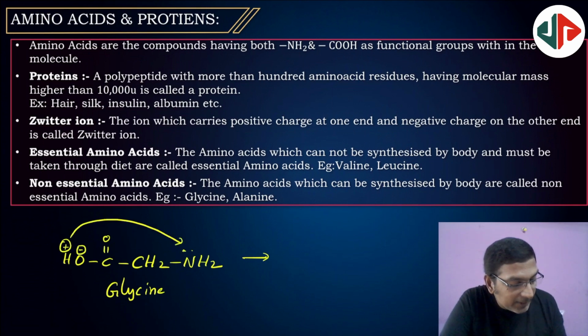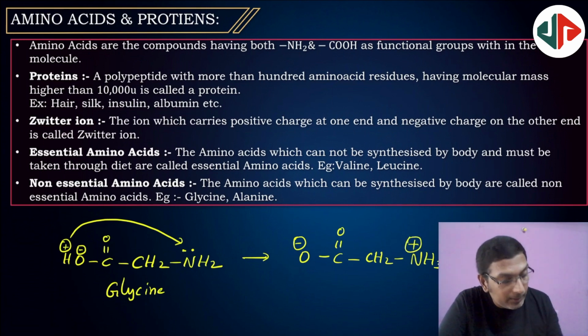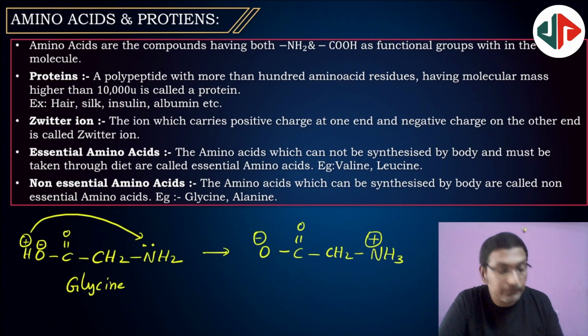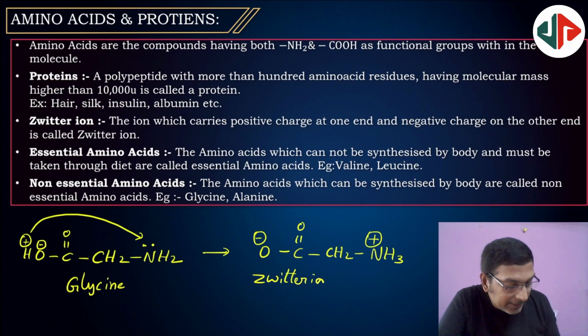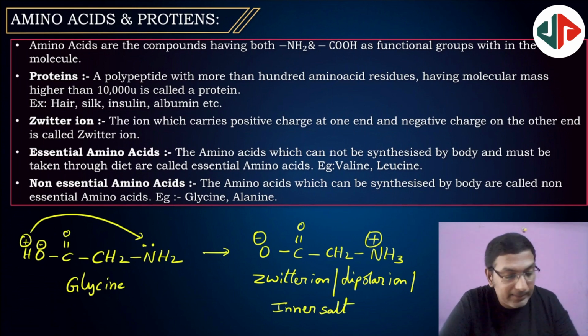This reacts with the lone pair of nitrogen to form a Zwitter ion: COO minus, CH2, NH3 plus. This is a Zwitter ion or dipolar ion or inner salt. Remember this.